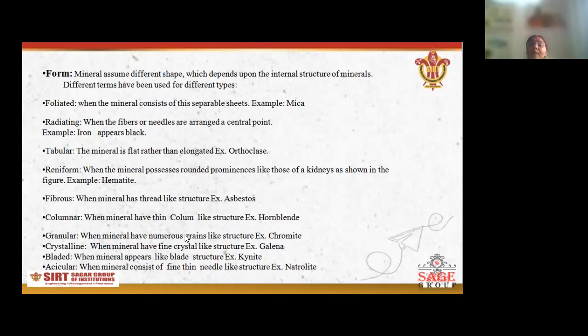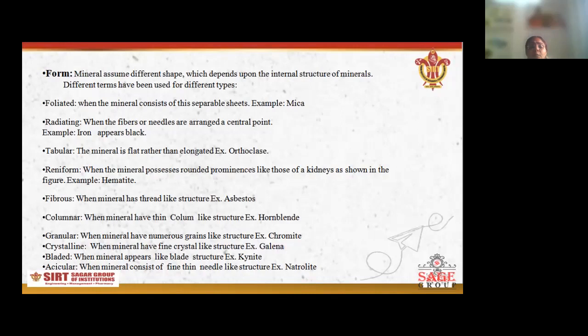Columnar, just like a pillar or column. Hornblende is always found in this category. Granular, like chromite, just an aggregate of sand. When you hold sand in your hands, this type of appearance is known as granular, and chromite gives the granular appearance. Crystalline, just like a crystal. You have seen that a number of times.